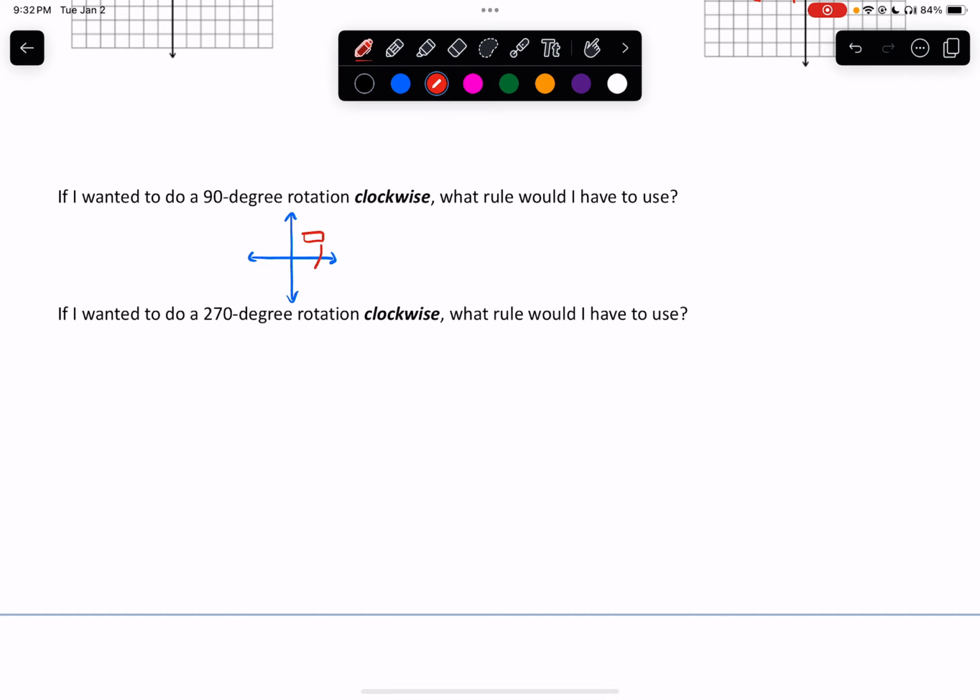So a 90-degree clockwise rotation would end up putting this over here. And so the question is, which rule? Because I don't have a clockwise rule. I only have counterclockwise rules. So going 90 degrees clockwise would be the same as going all the way around here like that. And so that would be like a 270-degree counterclockwise rule.